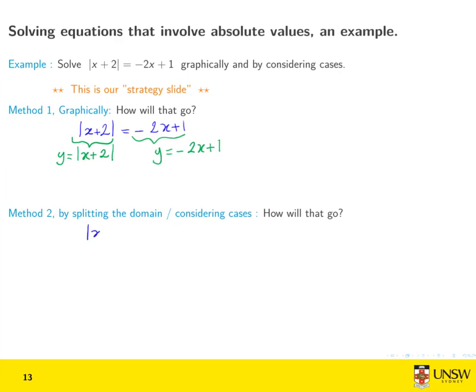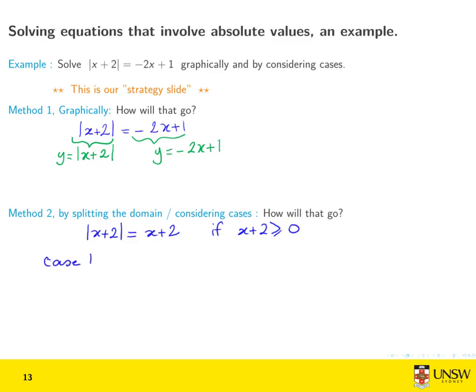So, the absolute value of x plus 2 will sometimes be equal to x plus 2, and that's exactly when what is inside the absolute value is greater than or equal to 0. With this in mind, we can design our cases.